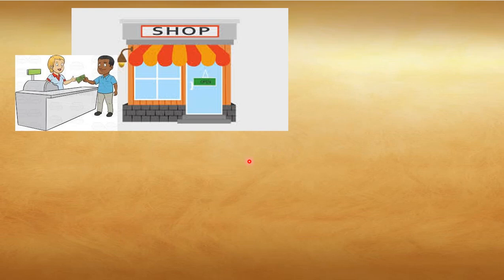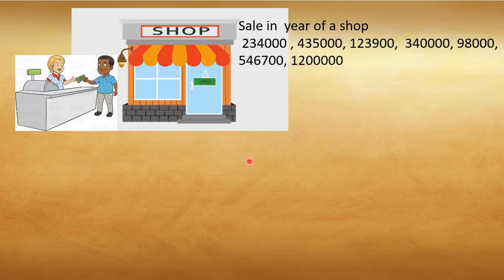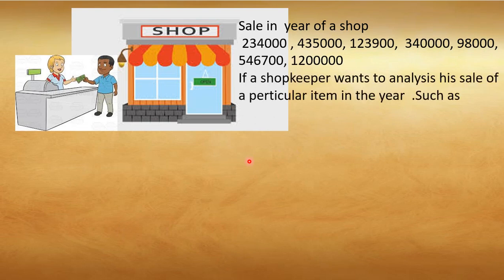Let us understand this by an example. Suppose there is a shop and the sale in the year of the shop is shown like this, and the shopkeeper wants to analyze his sale of a particular item in the year.